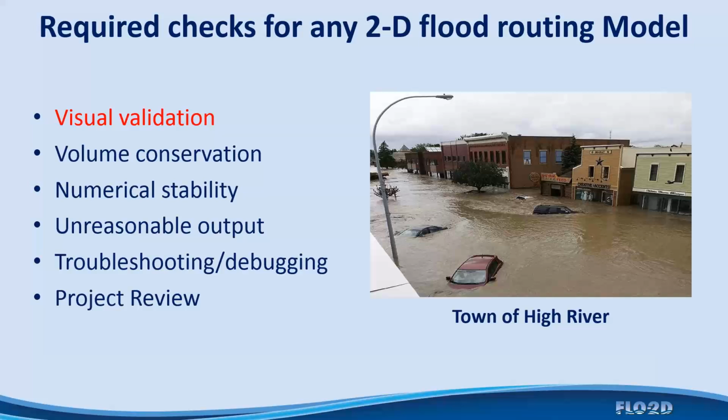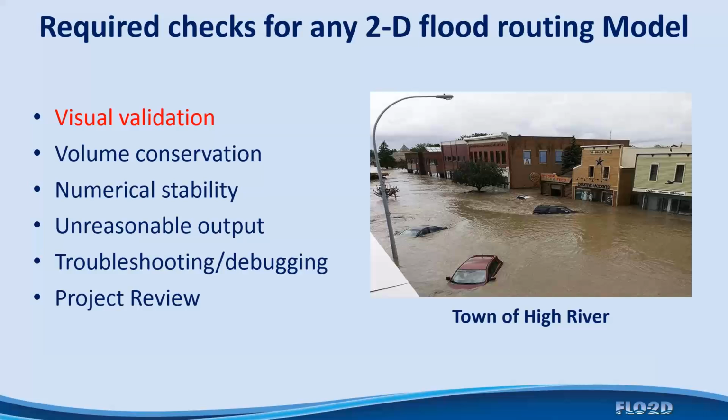Visual validation, which we're going to do first, then volume conservation, numerical stability of the model, whether you're getting unreasonable output, and then just a few slides on troubleshooting, and finally a word or two about project review. Now, in all of these, I've been addressing these in the Flow2D model as it's been developed over the last 30 years or so.